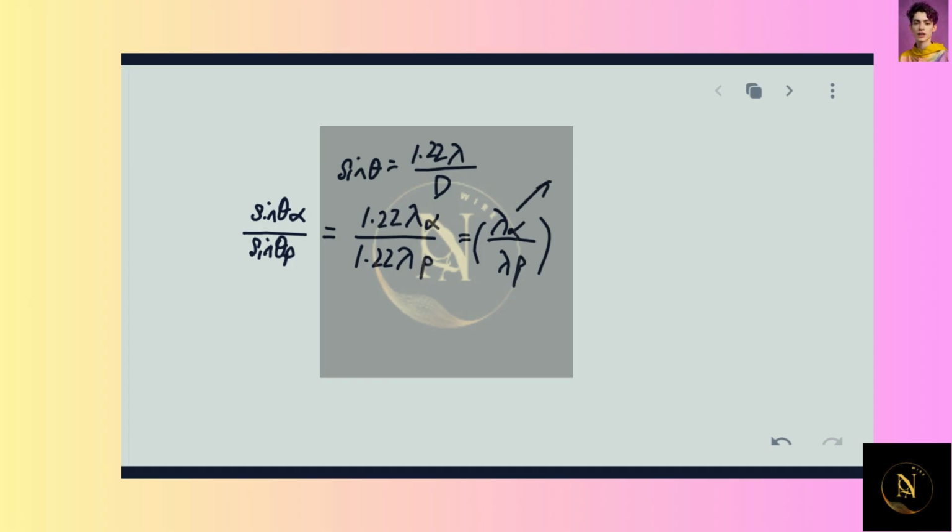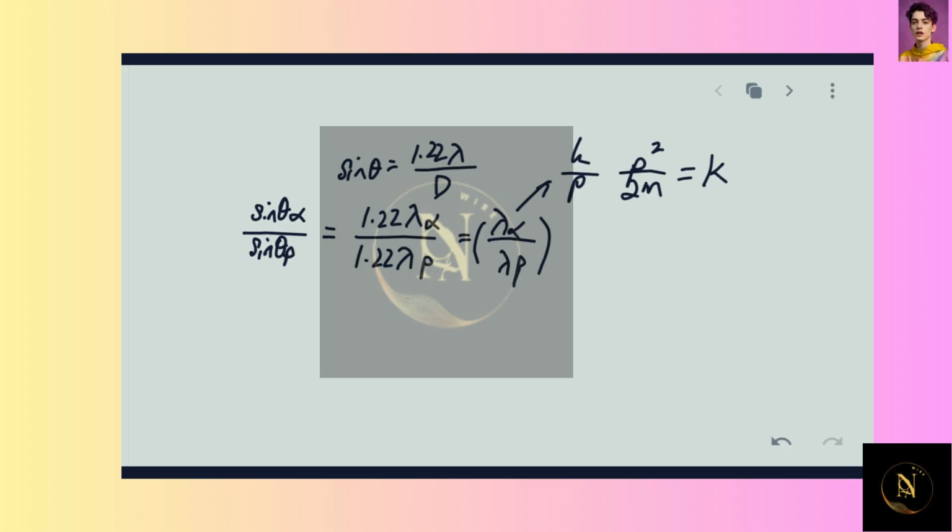This is related to the de Broglie wavelength, which goes to h over the momentum, where momentum is related to the kinetic energy. p squared over 2m is given as the kinetic energy.